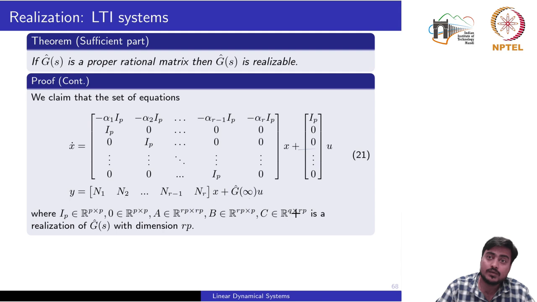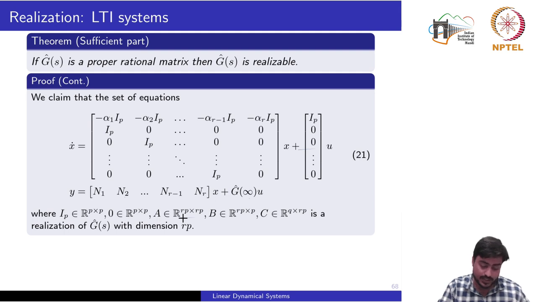Overall, it would give me the transfer function of dimension q cross p. You can verify these dimensions of the matrices by yourself, because we have r number of p matrices, which are the block matrices. So overall, it would give me this dimension.